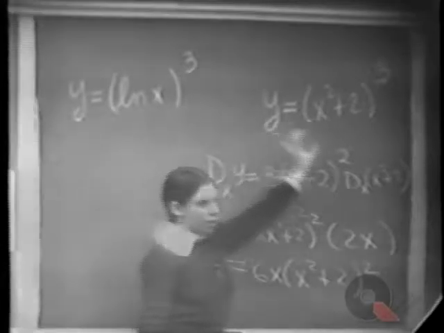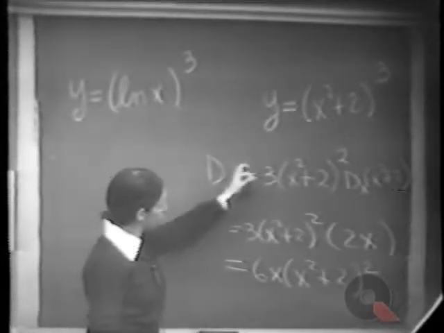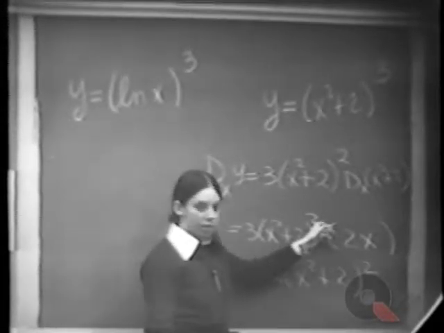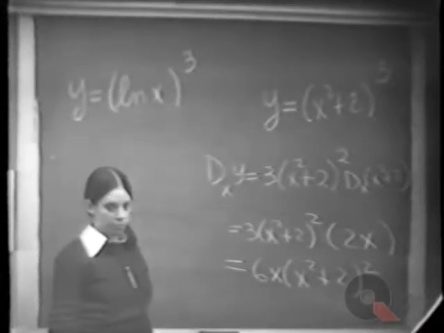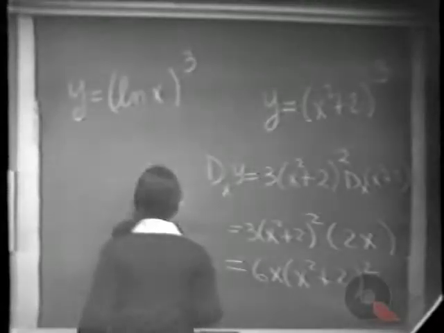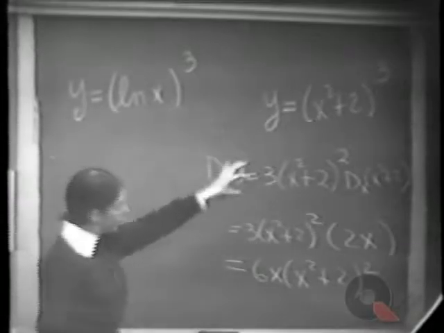In other words, we had a function raised to a power. We used the chain rule to find the derivative of y with respect to x. We got the power times the function to the 1 less power times the derivative of the function. This is the kind of procedure to use over here. Now, y is a natural log of x to the third power. It's set up like this.